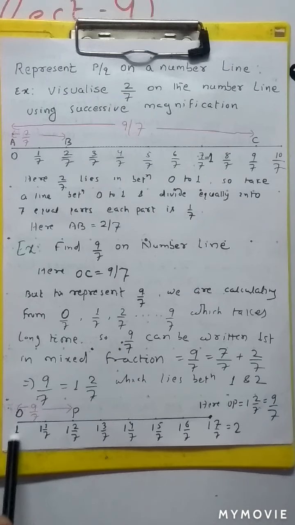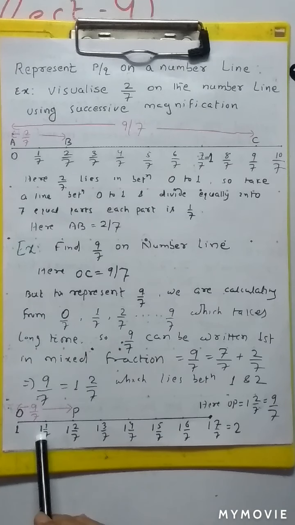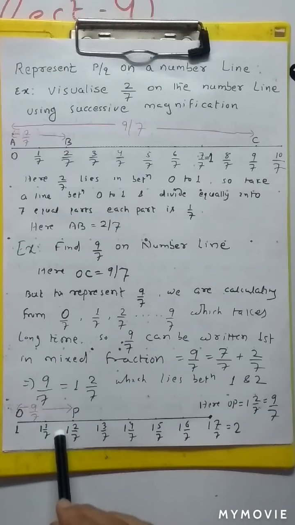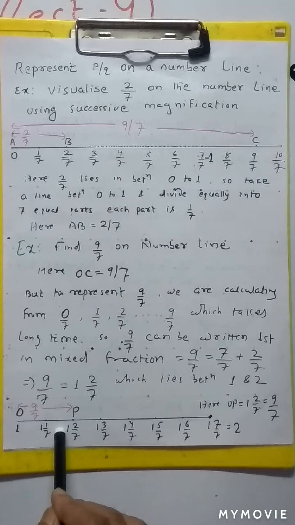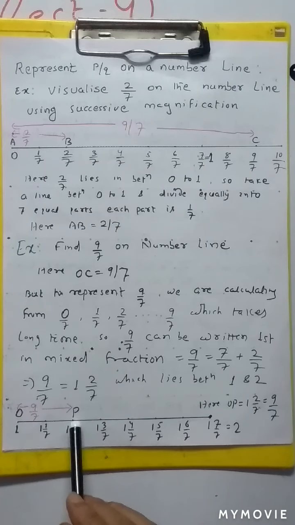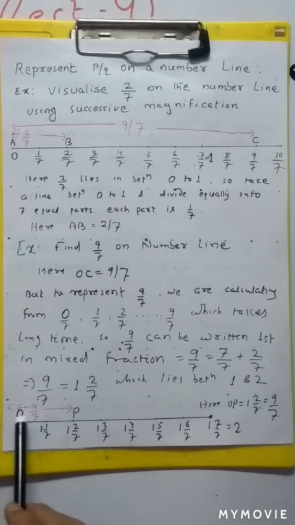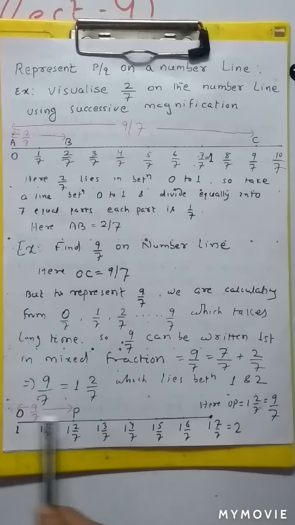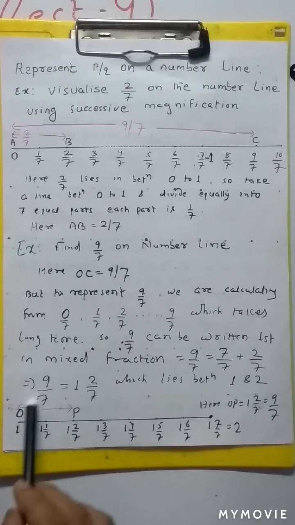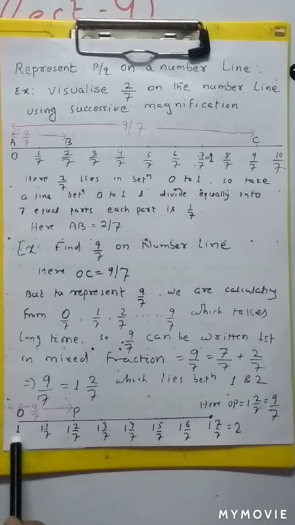So this is 1, this is 2. In between 1 and 2, you divide equally into how many parts? 7 parts. So each part will be 1 by 7. Now this is starting from 1. You take the first part, this point will indicate 1 by 7 more. You take another part, which is an additional 1 by 7.